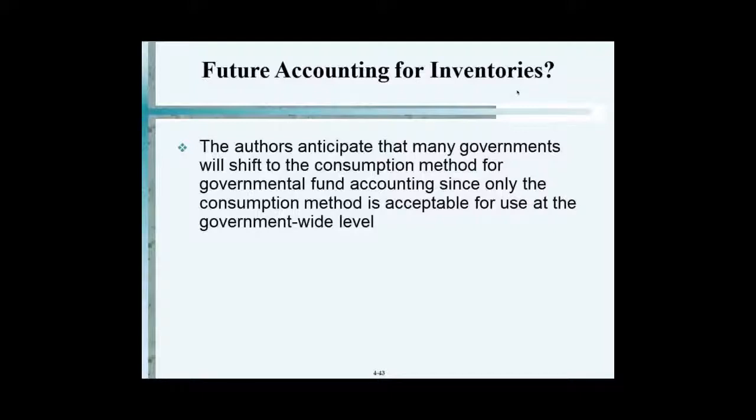Cash or near cash, right? Inventories, are they cash? Are they near cash? Can you just go and sell and get what you... But they show up in the governmental fund balance sheet, and it causes a real problem to people because it's contrary to what I've just told you about.